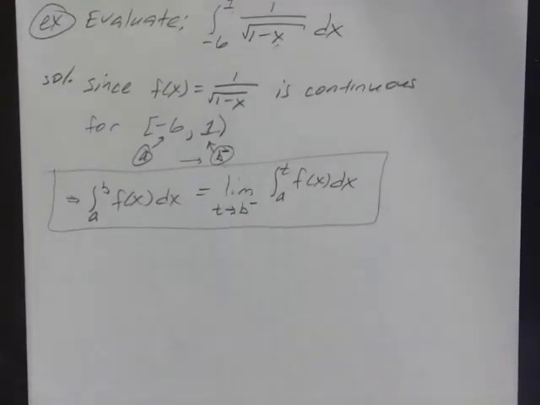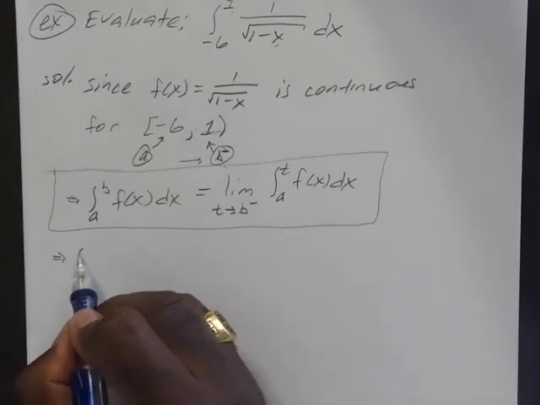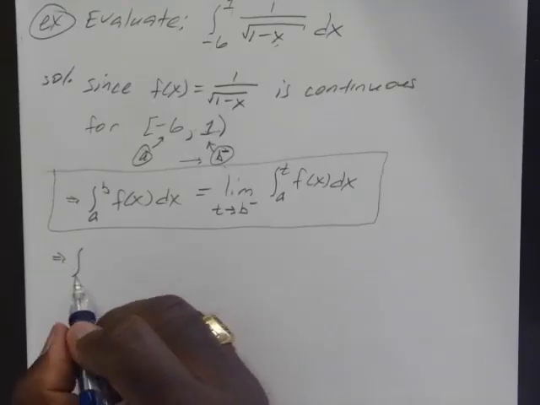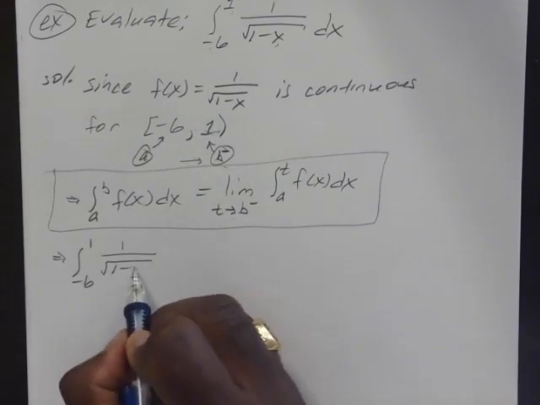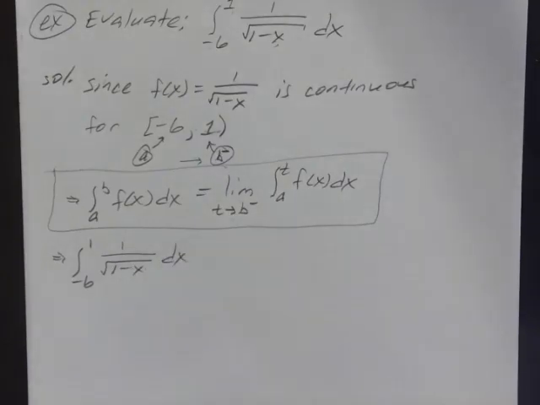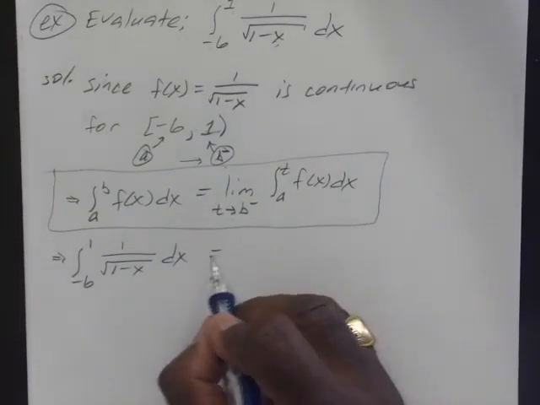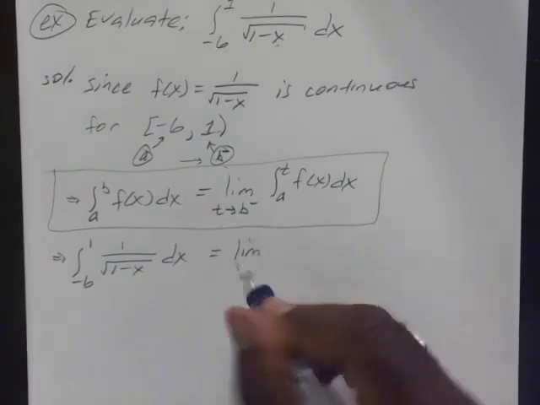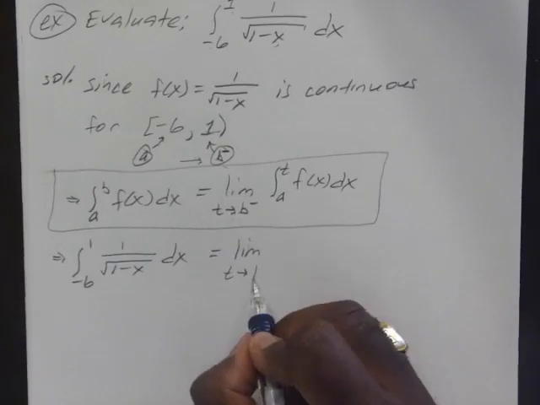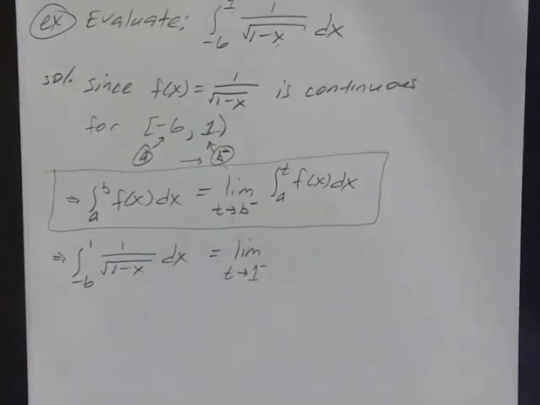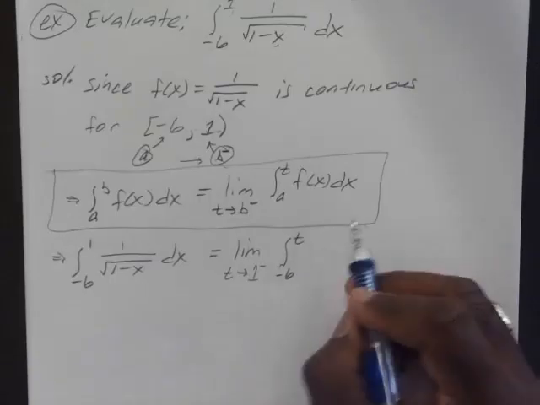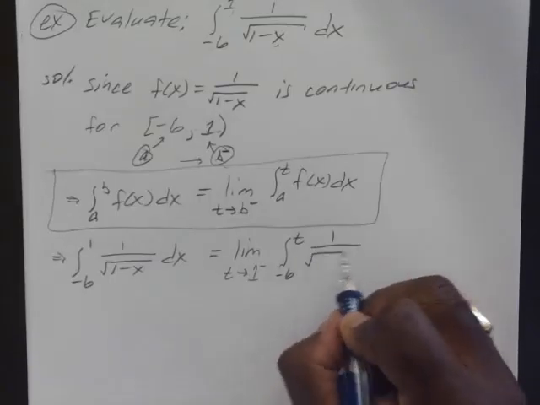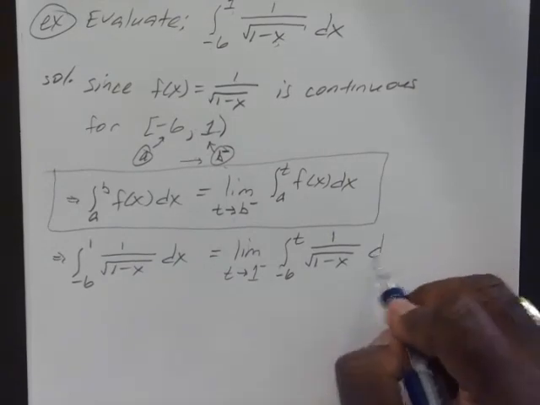Which means we can rewrite our integral from -6 to 1 of 1 over the square root of 1 minus x with respect to x as the limit as t approaches 1 from the left of the integral from -6 to t of 1 divided by the square root of 1 minus x with respect to x.